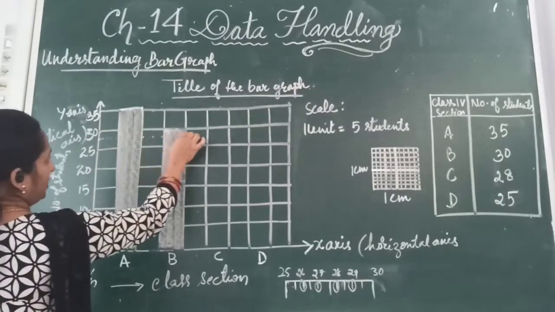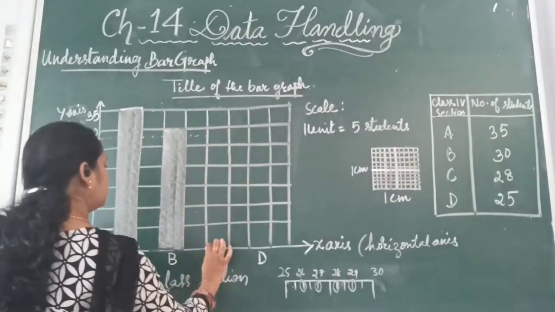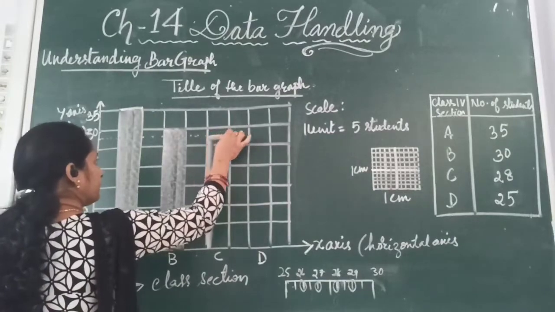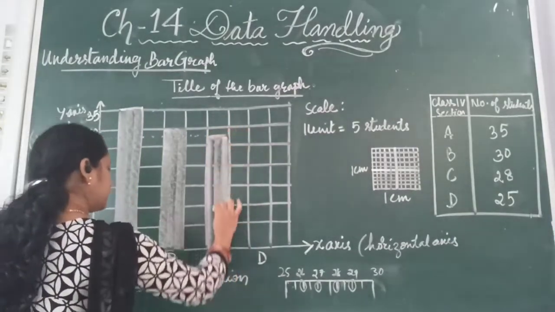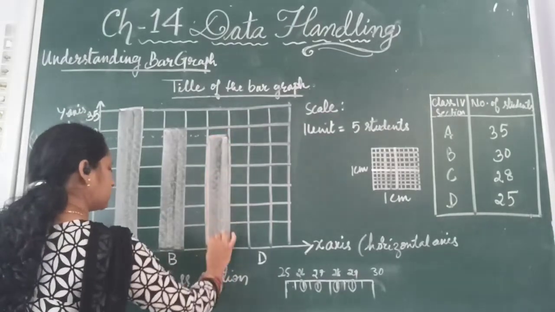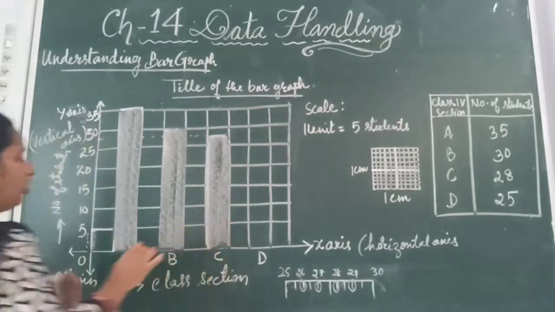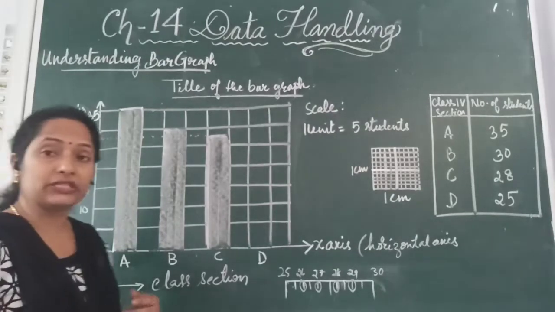Just come straight horizontally along 28 and draw the bar just above the letter C, section C. So this is the bar graph of section C representing the number of students in section C, that is 28 students.